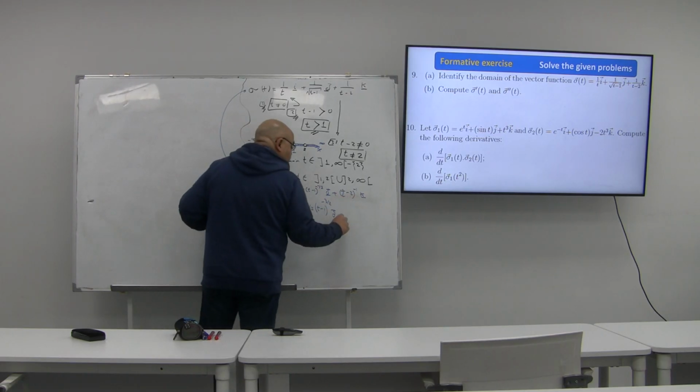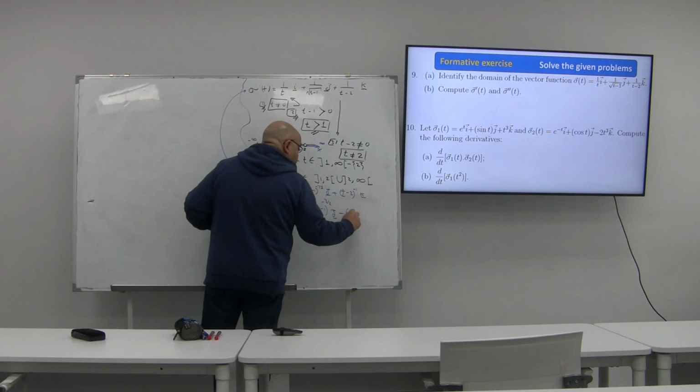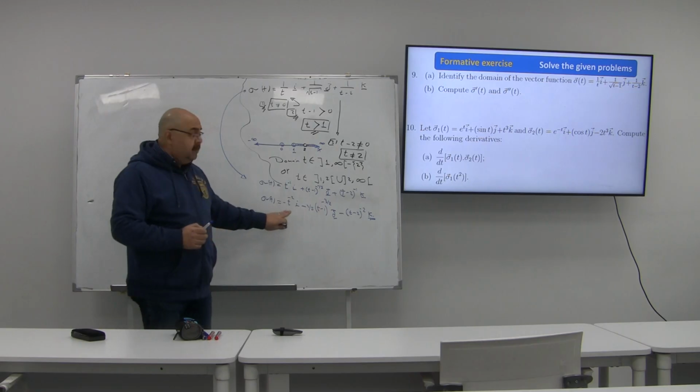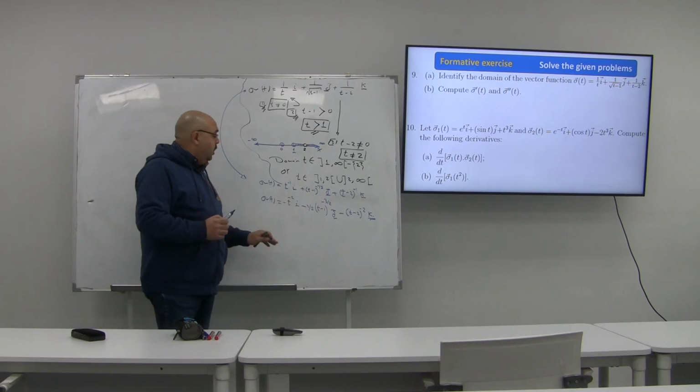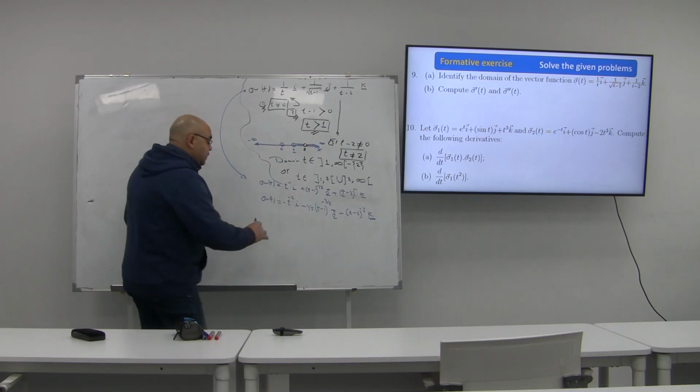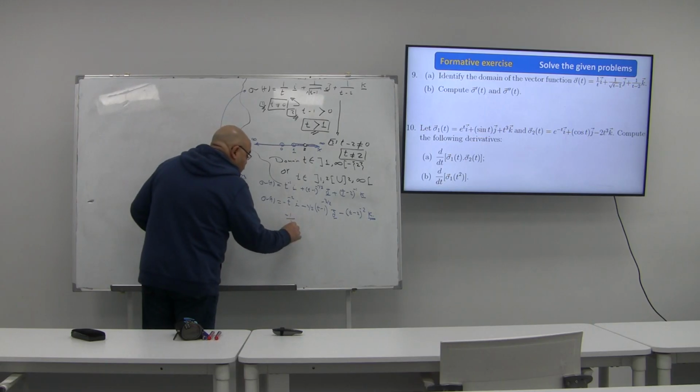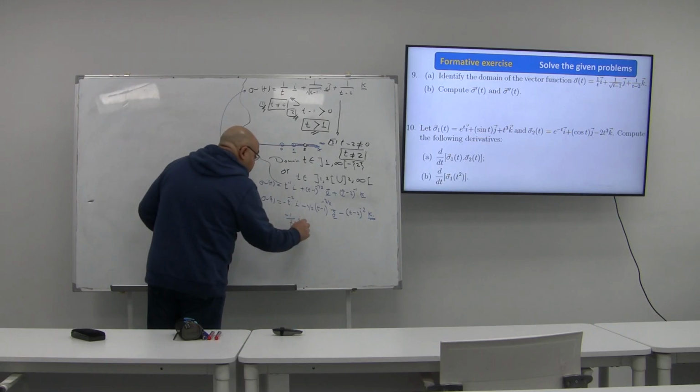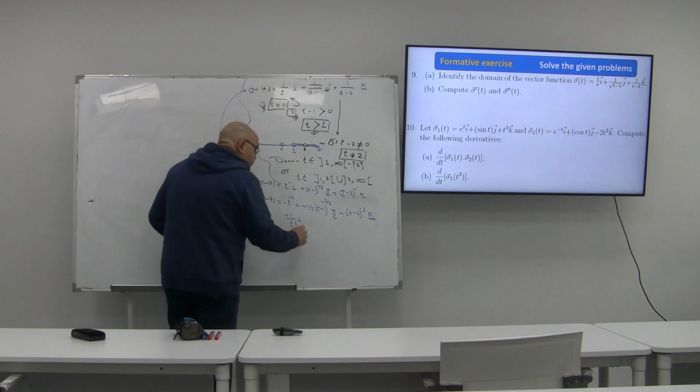For the last component, it's going to be a negative of a (t minus 2) to the power of -2 in the k direction. Also, I can leave them like this or rewrite them as 1 over t squared in the i direction.